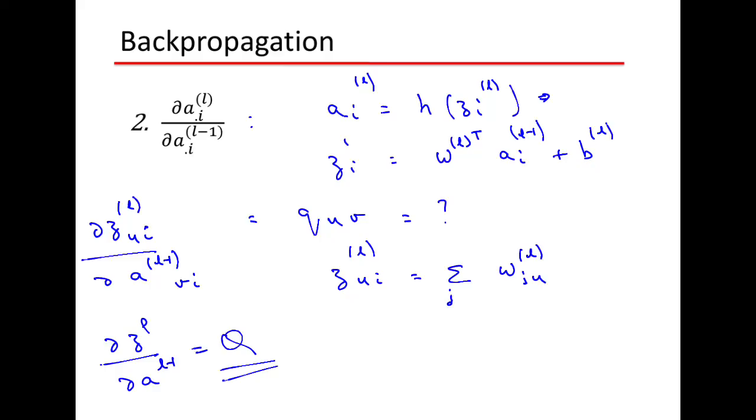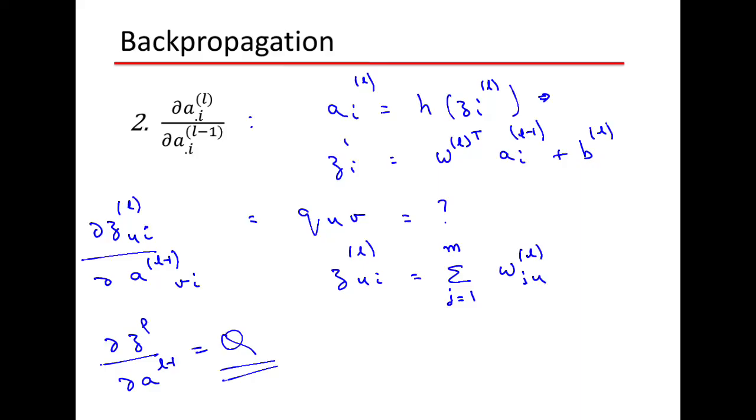J is going from 1 to N? Which M? So the row dimension, the row dimension of A I. Which is?